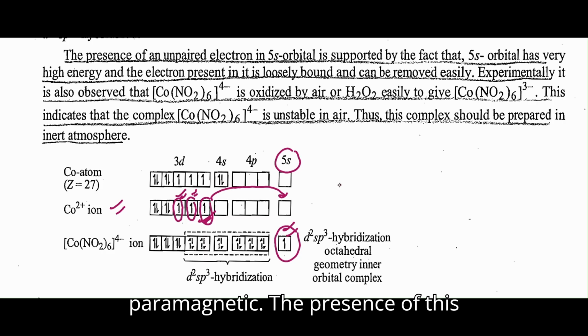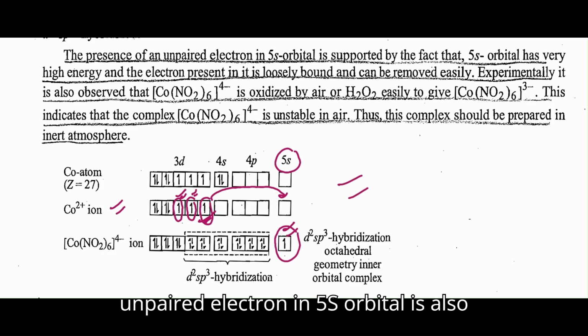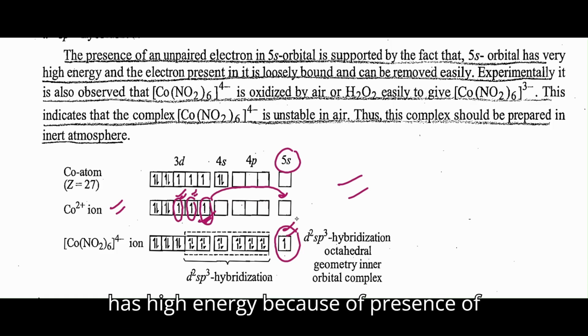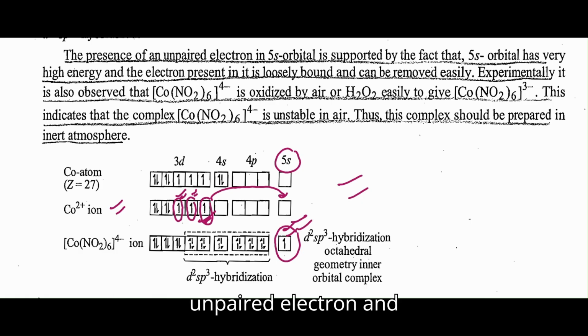So one unpaired electron is present in the 5s orbital. That's why it is paramagnetic. The presence of this unpaired electron in the 5s orbital is also supported by the fact that the 5s orbital has high energy, and the electron present in it is loosely bonded, so it can be removed very easily.